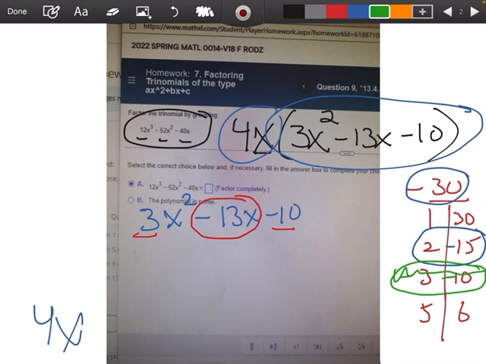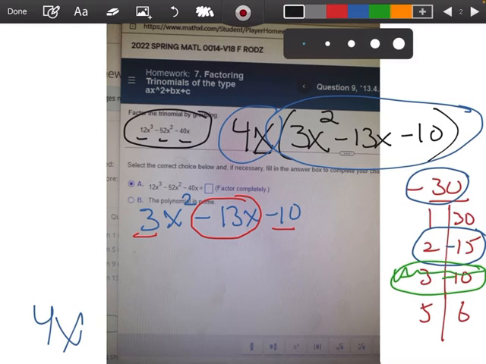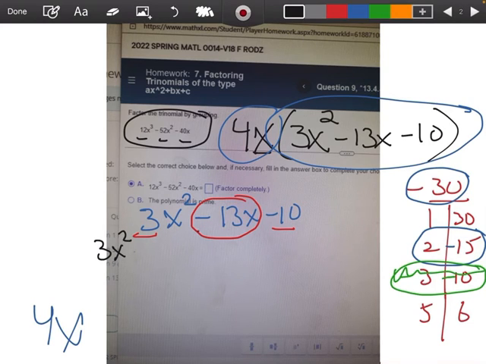That's why I don't want to use those. Okay, so now let's rewrite our problem. It's going to be 3x squared. Instead of writing negative 13x, I'm going to use these numbers: a plus 2x, a minus 15x, and a minus 10.